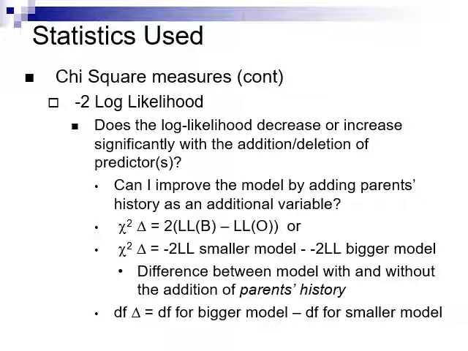So the difference between the model with and without the addition of parents' history. The degrees of freedom for that chi-square test, delta change, is the degrees of freedom for the bigger model minus the degrees of freedom for the smaller model. And then we just take a look at the chi-square table. Also, again, SPSS is going to give us whether or not that was a significant change as we move on models. But again, what we're looking at is the -2 log likelihoods.